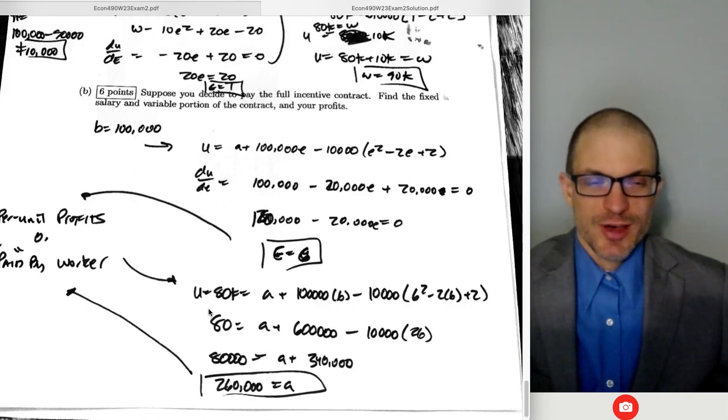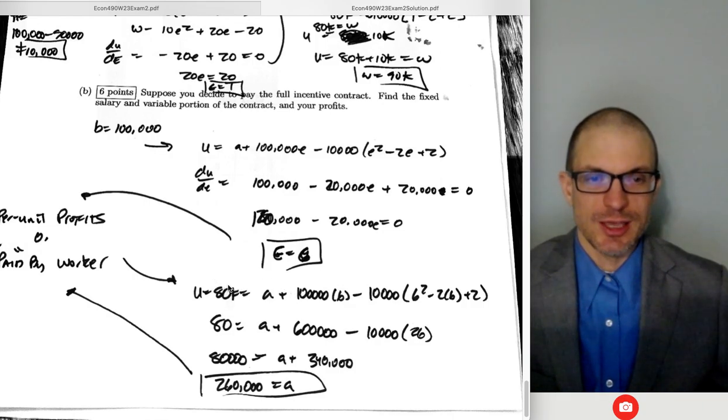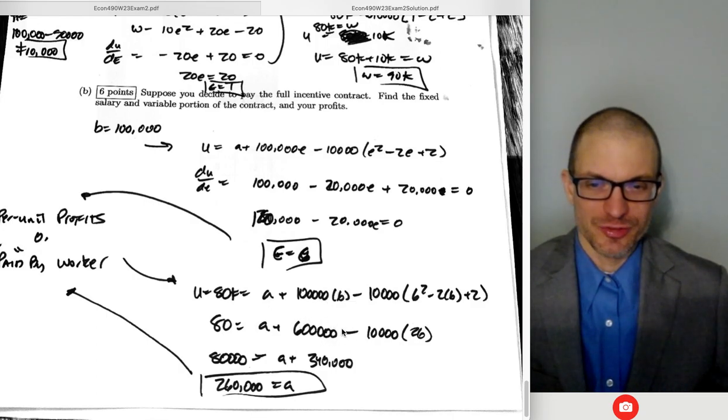Right, so then we have to find what's going to be the wage, the fixed portion, to keep them indifferent, so they get exactly 80,000 either way. So it's going to be A plus 100,000 times 6, because they're going to make 6 widgets. They're going to get 100,000 for each widget, so they're going to get 600,000.